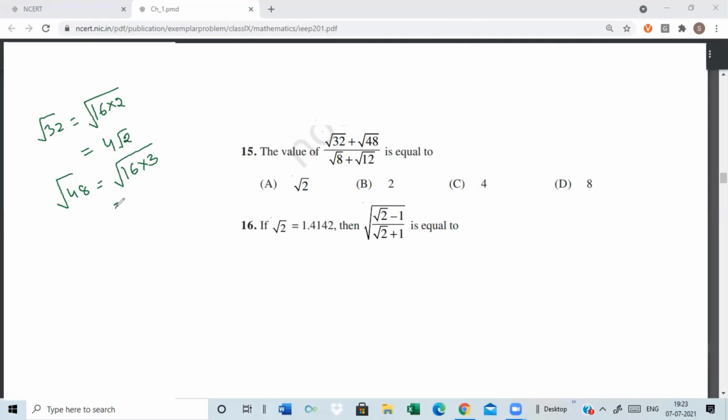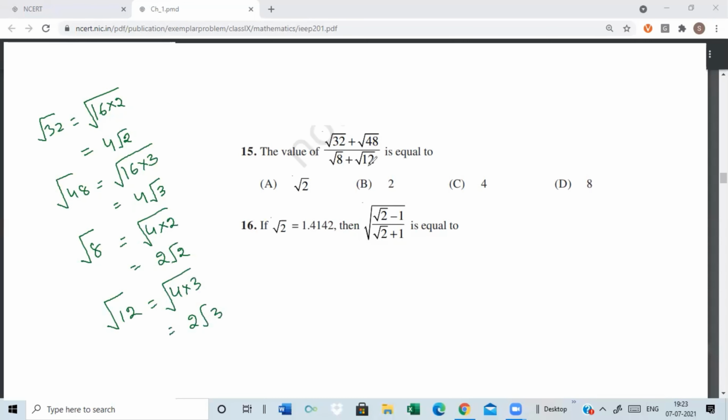The square root of 16 is 4, so this is 4 root 3. Now root 8 we can write as 4 times 2. The square root of 4 is 2, so this is 2 root 2. And then root 12 we can write as 4 times 3, which is 2 root 3.